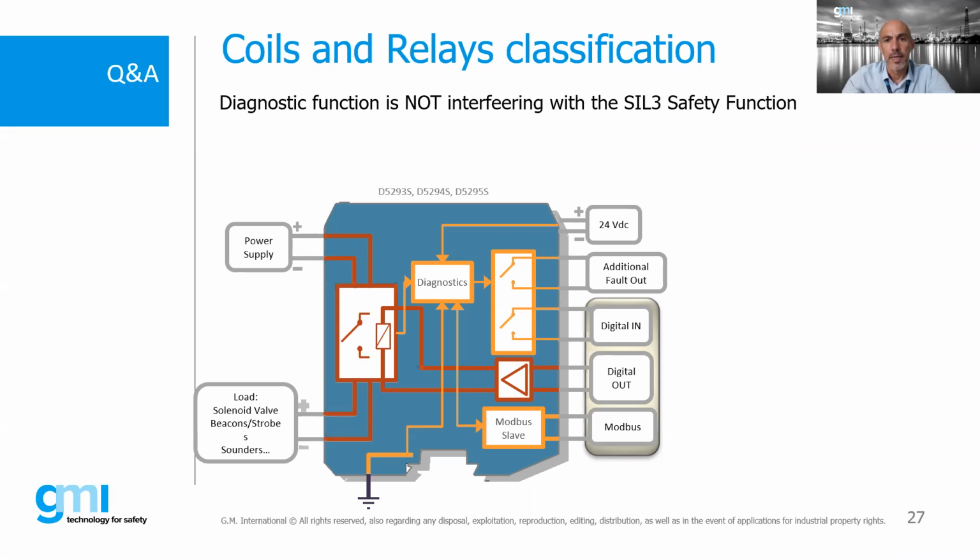In this case, I can have my safety function and diagnostic function as two different functions, and they are not interfering with each other. So a failure of the diagnosis is not interfering with the safety function, which is different. That is the secret, let's say, of how the relays are certified for SIL3, even if the diagnostic is SIL2.